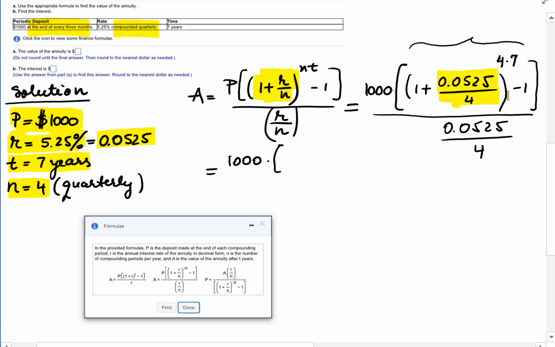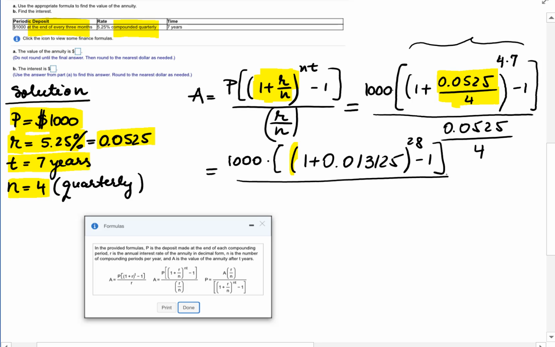So we get 1 plus 0.013125, everything to 28, that's the 4 times 7, minus 1, close parentheses, everything over 0.0525 over 4, we just calculated it, so it's 0.013125.